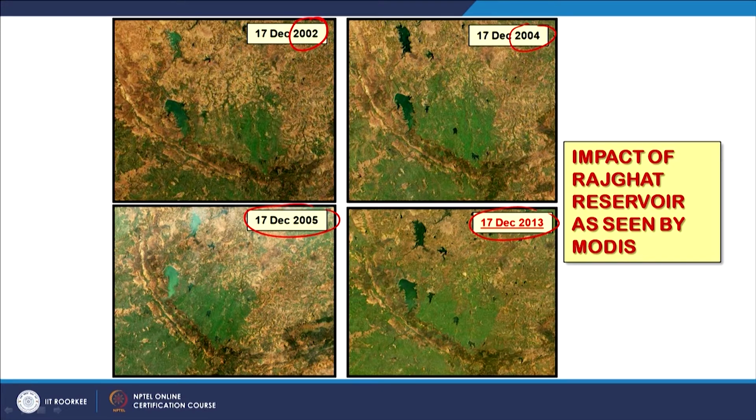You can see that only in 2001 or 2002 this reservoir started filling with water, and the benefit area started developing, and in 2013 the entire region has greenery. So this greenery is really coming because of groundwater recharge through a large reservoir.